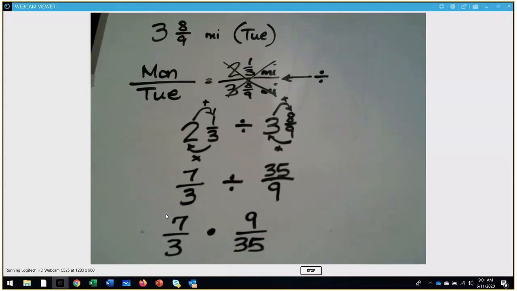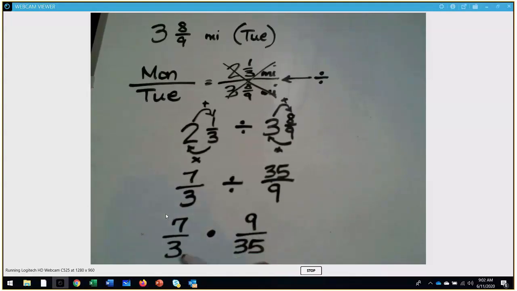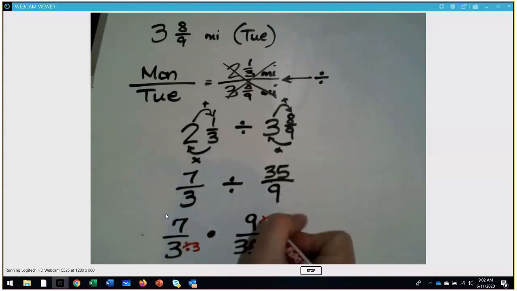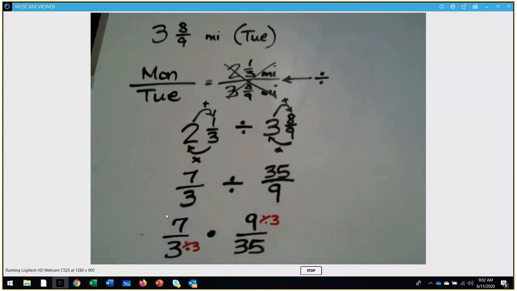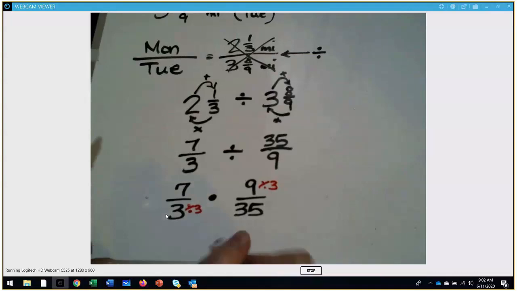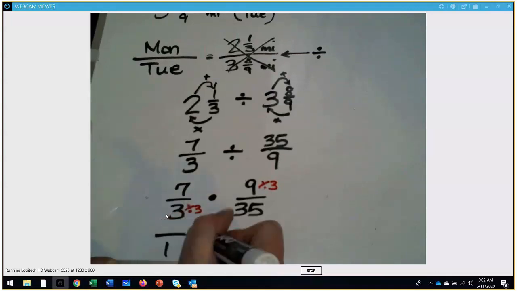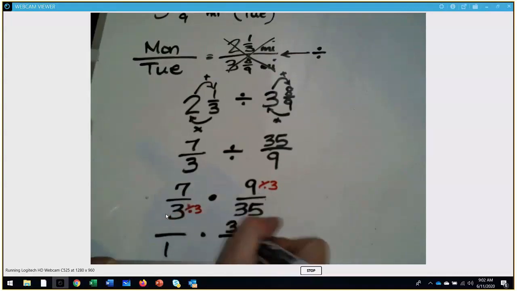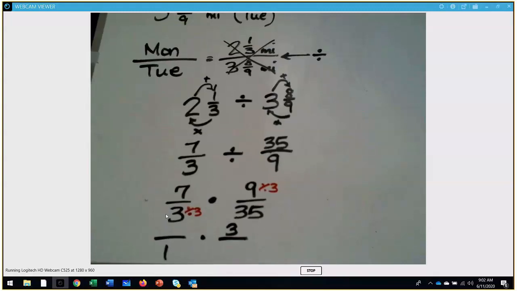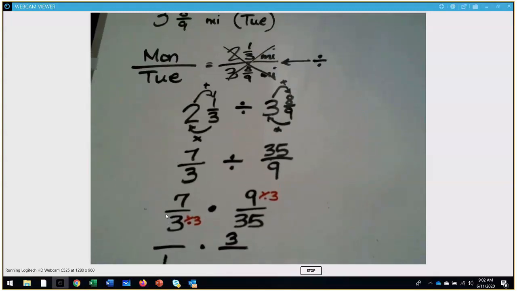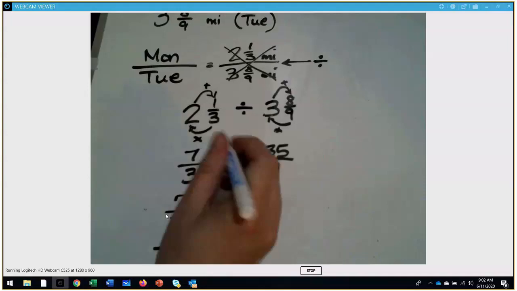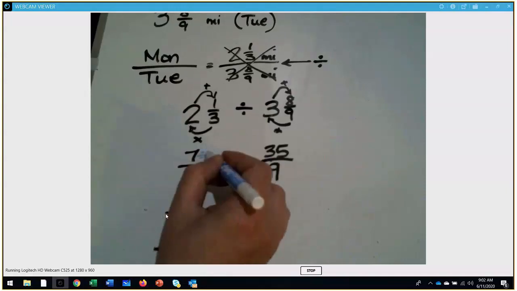Now that you're multiplying, this is also when you are allowed to do the canceling if you see it diagonally. So, for example, the 3 and the 9 can both be reduced. And let me grab another color here. The 7 and the 35 are both divisible by 7.